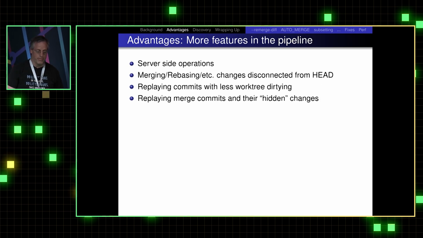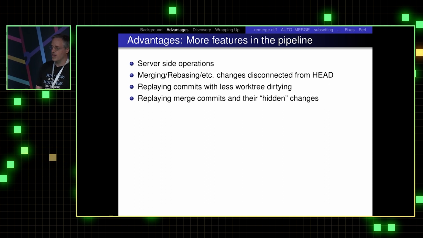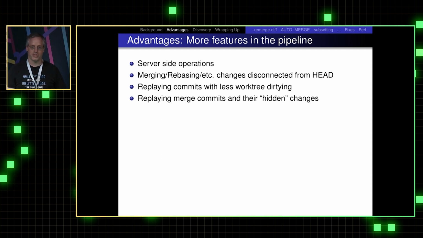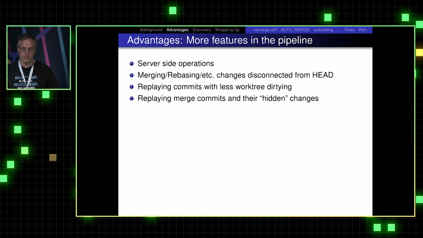And there's a number of new features that we're working on in the pipeline as well. And so this changes over time. And in fact, between when I wrote these slides and now, GitHub announced earlier this week on their blog that they're making use of the new merge backend on the server side, something that Johannes and I had worked together to make sure we could get working. So there will be more features coming as time goes on.